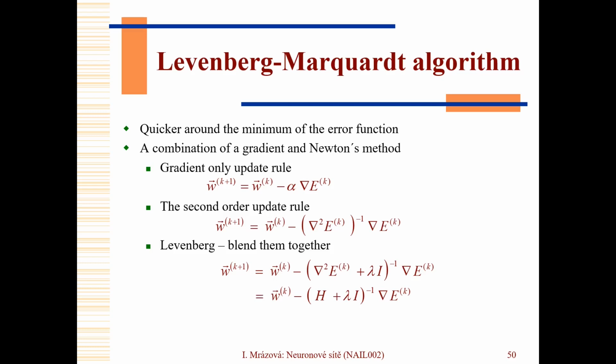This can be expressed as W at iteration k plus 1 corresponding to the weights at iteration k minus the inverse matrix of H plus lambda I, where H is a Hessian matrix, or the approximation we will use, times the gradient of the error function capital E at iteration k.